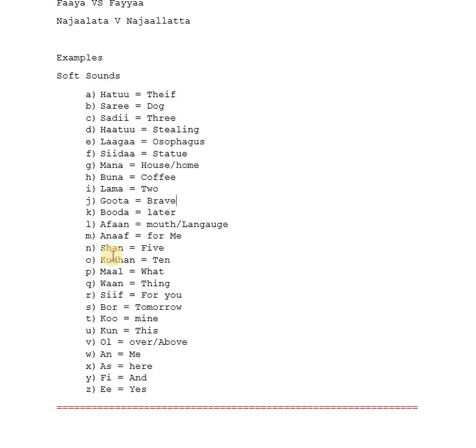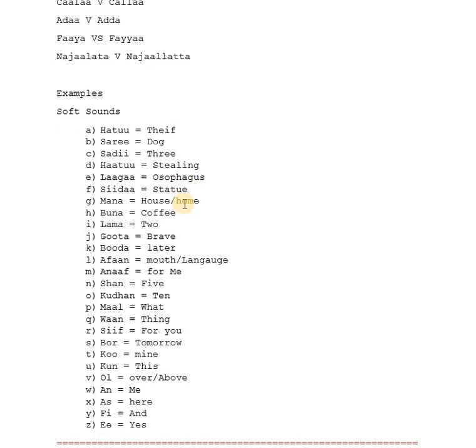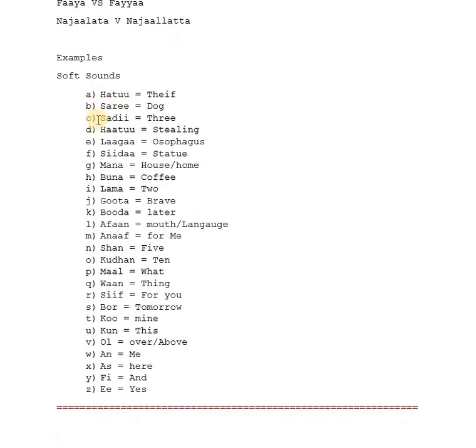And I tell you one rule here. In any soft and strong words, there is no way the first sound becomes strong. No way in Oromo do you find the first sound strong.